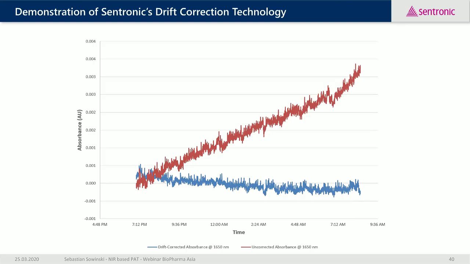You can see 2 trends of absorbance value for a continuous measurement. For this experiment, we measured a 99% standard, which is a 100% reflectance, which again is then an absorbance of 0.